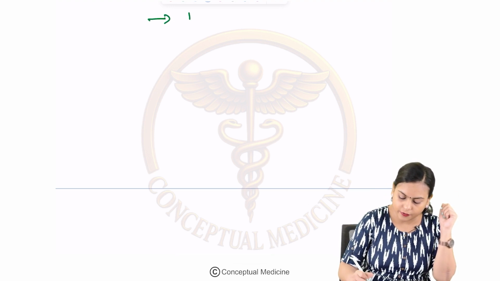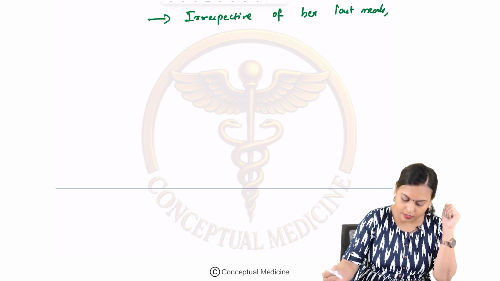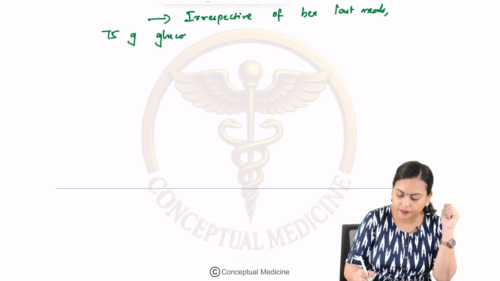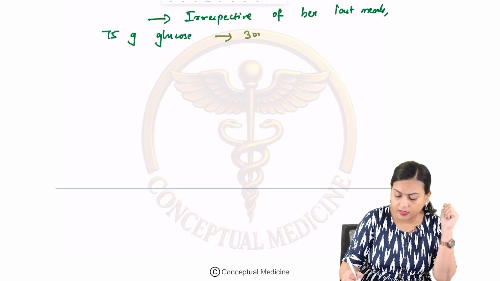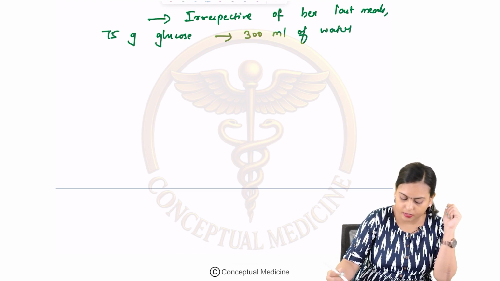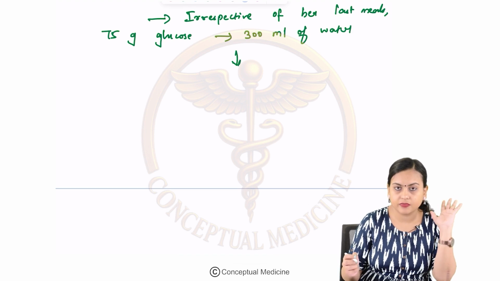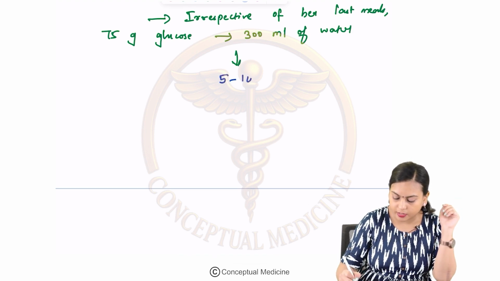Clear? So, irrespective of her last meals, you will be giving 75 gram of glucose in water. Remember, you have to ask her to complete this within 5 to 10 minutes.